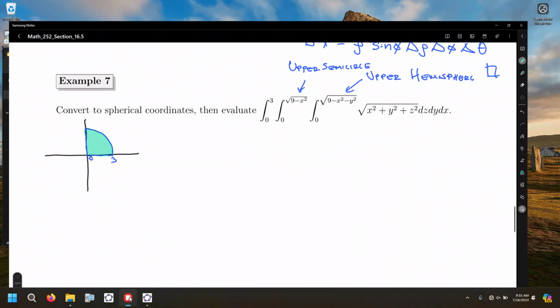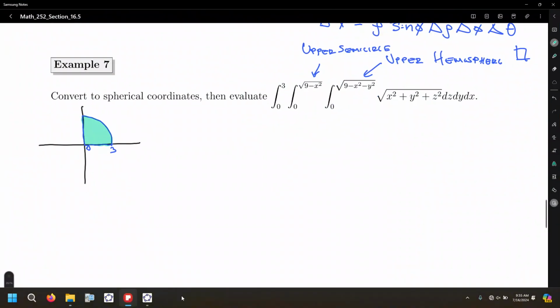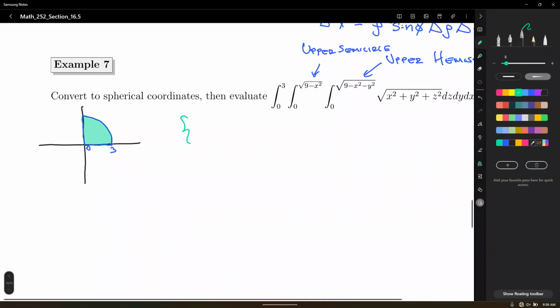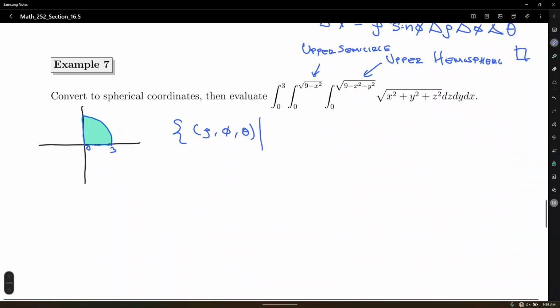Let's go back to the notes. Okay, so the domain of integration is rho, phi, theta, such that, well, the domain in rectangular we don't need.